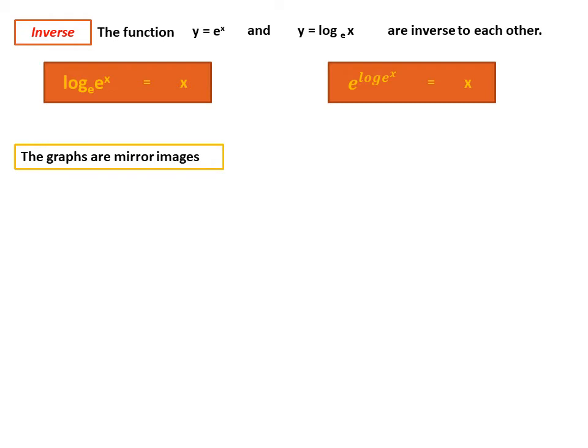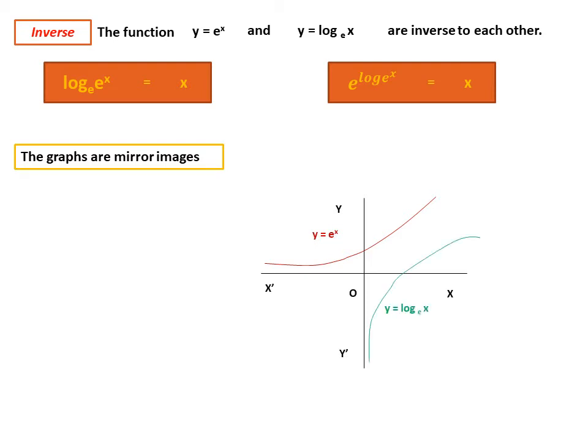Now let us try to understand the graph also. Once the functions are inverse to each other, the graphs must be mirror images, which you can see here. Let us take one coordinate system. Then this is the exponential function y equal to e power x, and this is the log function.